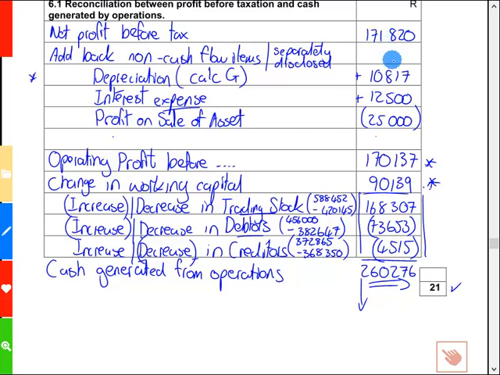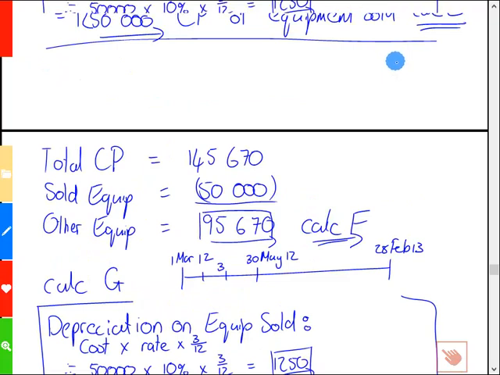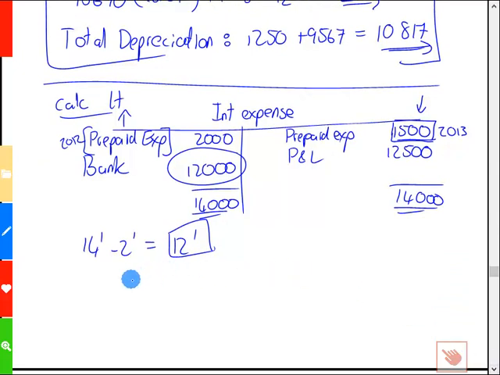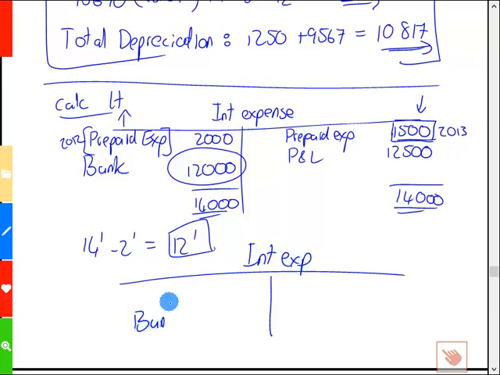Okay. If it was accrued expense, again, you would have had to include the accrued expense in your interest expense account. You know your bank account here is the cash flow amount, which is the balancing figure that you're looking for. You take the amount from your income statement, profit and loss. This one comes from the income statement. You put that in here.